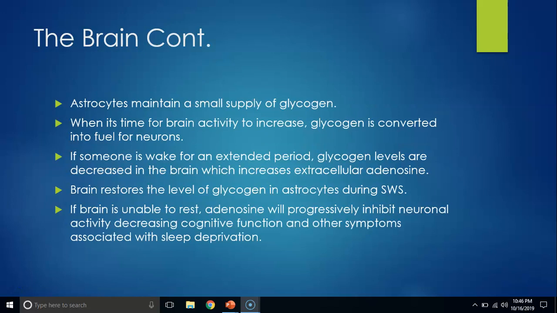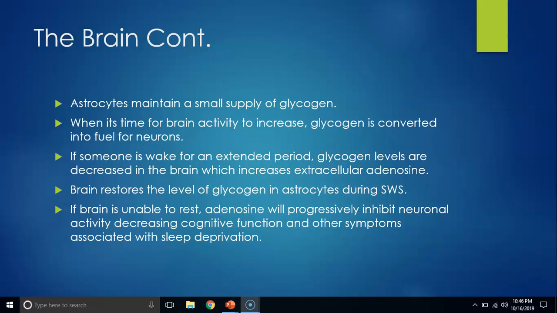Astrocytes are cells in the central nervous system, and they maintain a small supply of glycogen. When it's time for brain activity to increase, glycogen is converted into fuel for neurons.